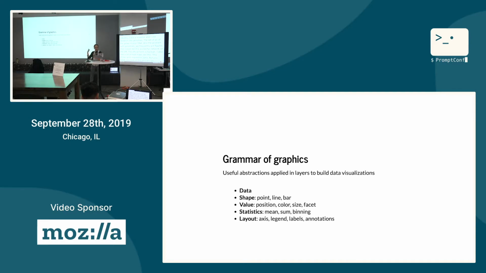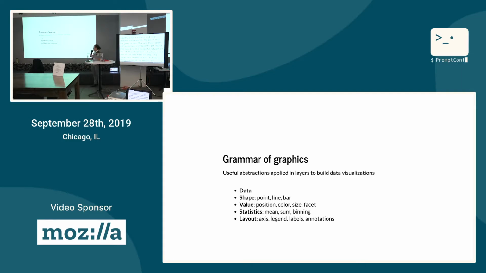It could be color. It could be the size of your shape, if you want to have that correlate to your value. You can even present multiple related plots, which a lot of these frameworks call facets, on the same plot to make it easy to represent extra dimensions.